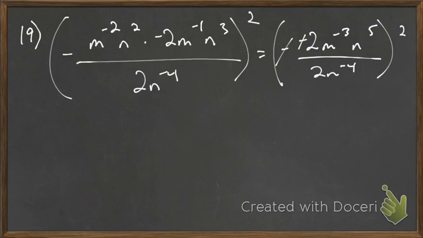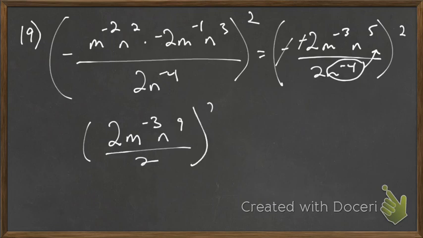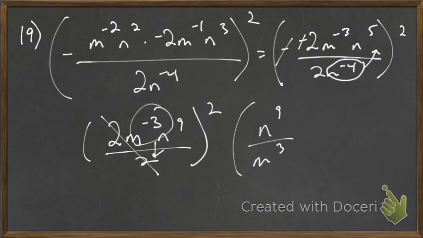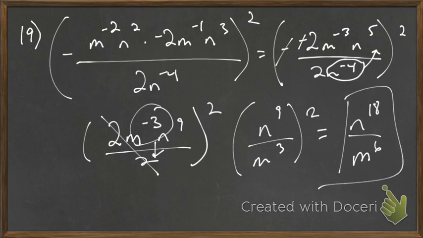And then I'm going to combine my n's. This can go upstairs to be n to the 9th. So I'm going to have 2m to the negative 3, n to the 9th, over 2, all squared. My 2's cancel. This can go downstairs. So n to the 9th over m to the 3rd squared will be n to the 18th over m to the 6th. Whew! One more.